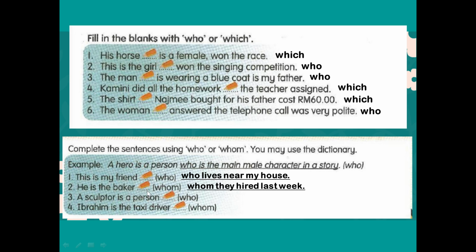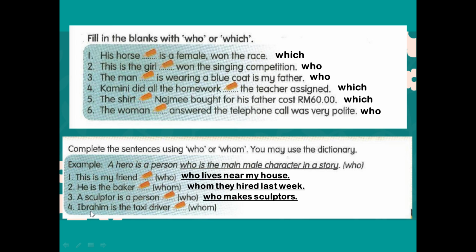be right. Okay. 3. A sculptor is a person, okay, who is very direct, who makes sculptures. So sculptures is something that you made from, maybe from wood or rock, dia pengukir ya, pengukir. Okay, so sculptor ni pengukir, sculptures ni dia mengukir lah, mengukir benda daripada batu ataupun kayu.